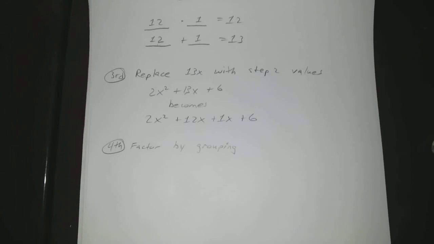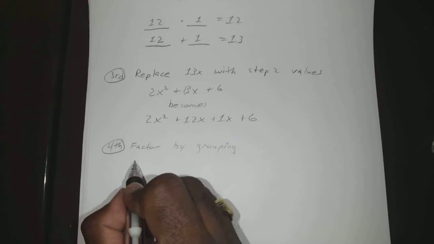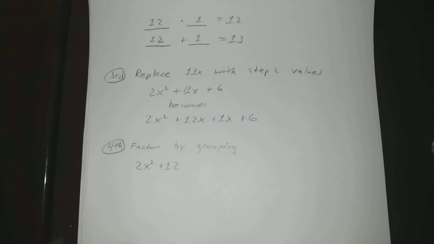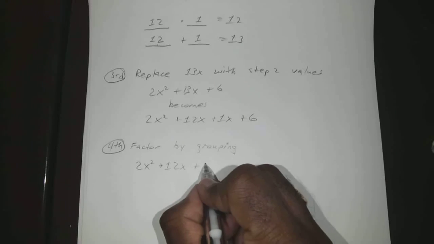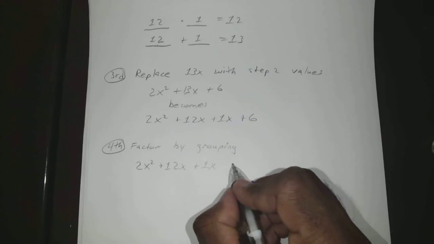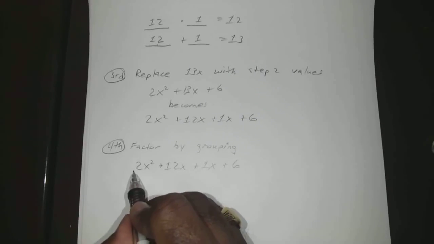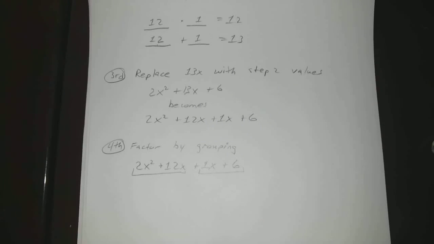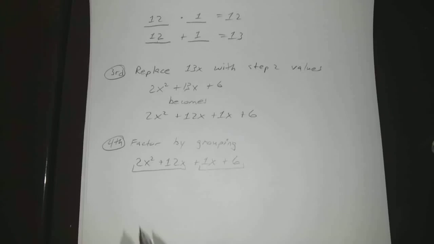Okay, let me move this up a little bit. Okay, so that means we have our 2x squared plus 12x. You don't have to put the 1x if you don't want to. Okay, and then you factor each subgroup.